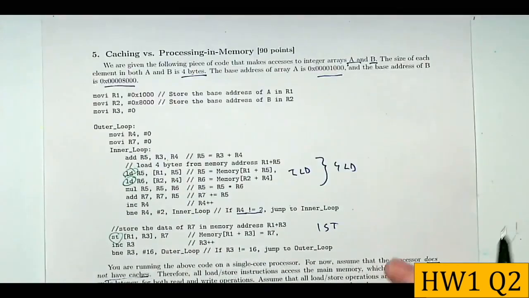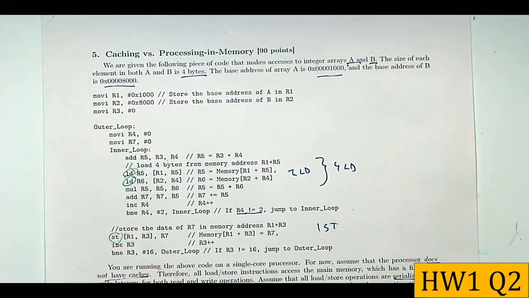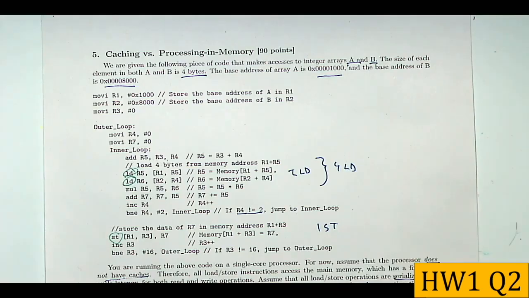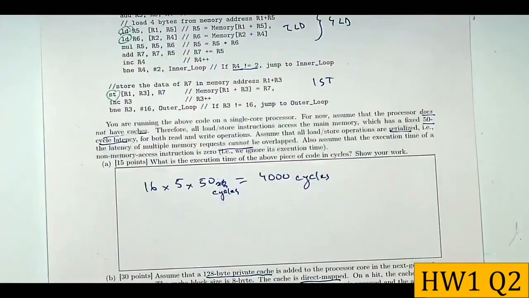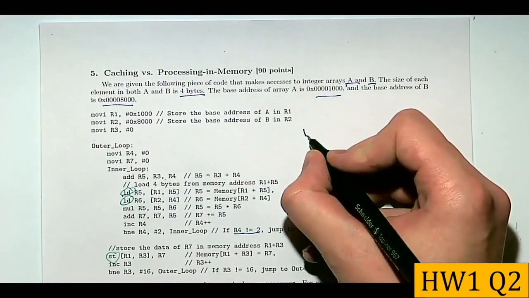So then if we look at the base addresses here to determine where in this cache the first elements of A and B will map, we can first find out which bits of the address tell us the entry in the cache to access.